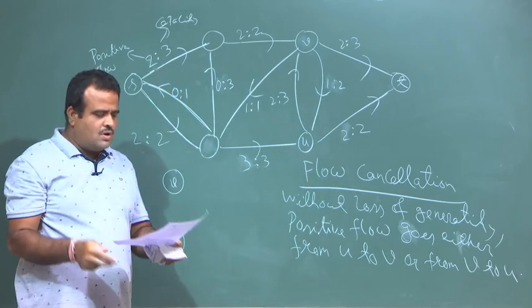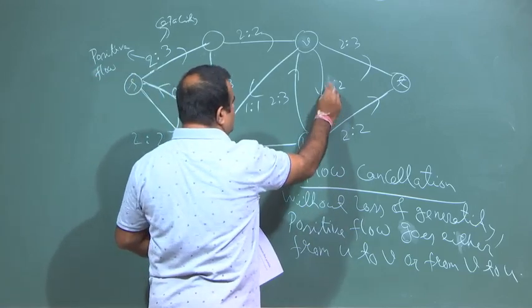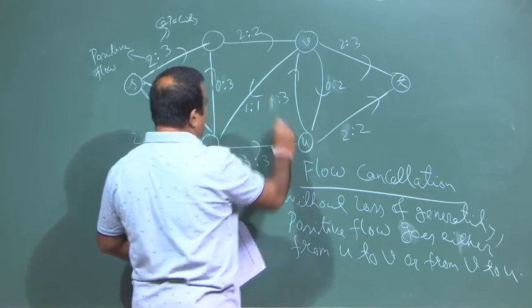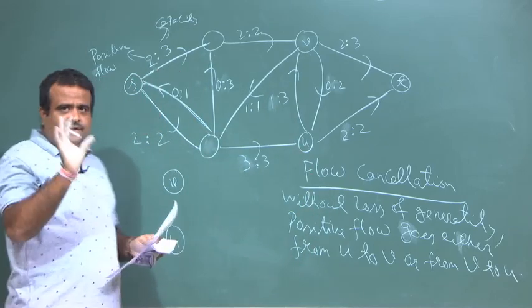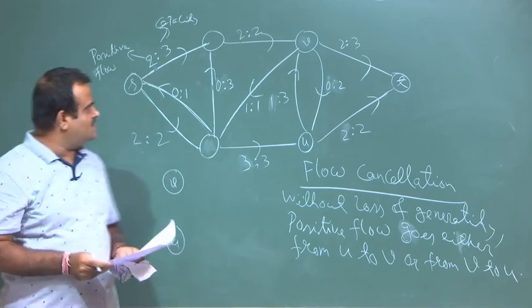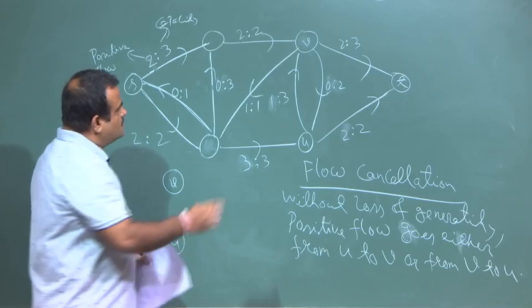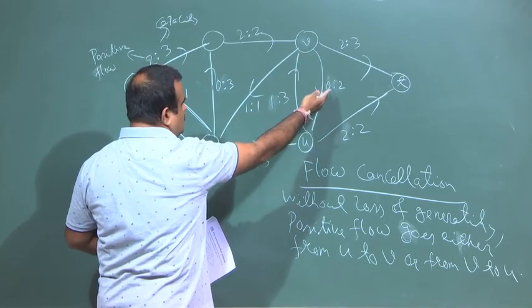So, we want to do some cancellation. What we do is we make it 0 and we make it 1. So, the net flow remains the same.